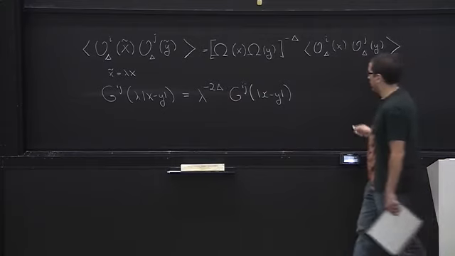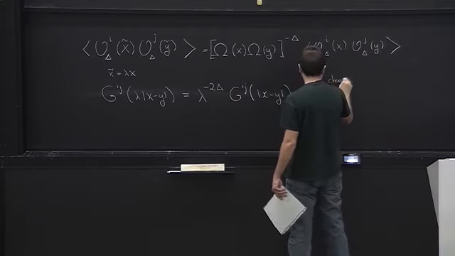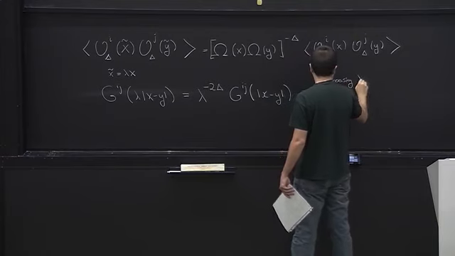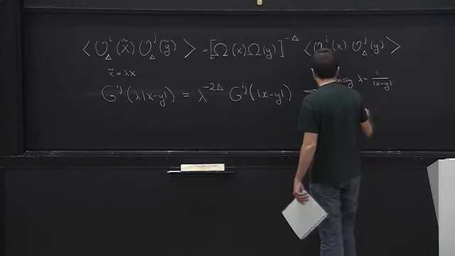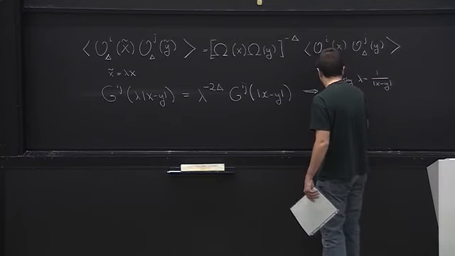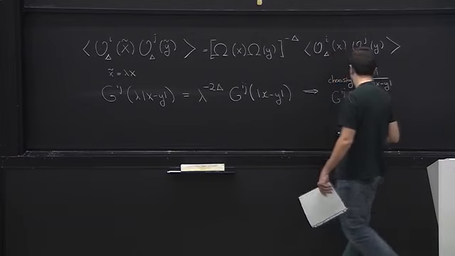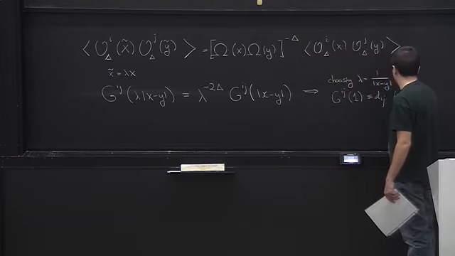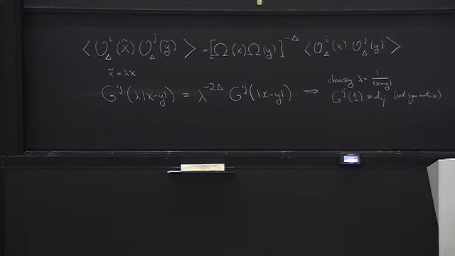Such that if we just choose lambda to be equal to 1 over x minus y, and denote Gij at distance 1 to be some real symmetric matrix. It's real by unitarity, but okay, some symmetric matrix Dij, just a definition.